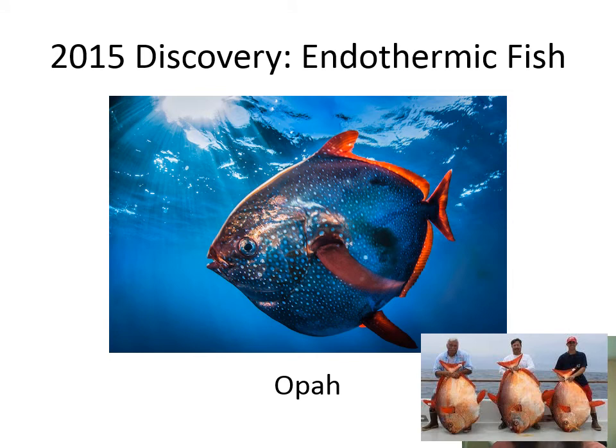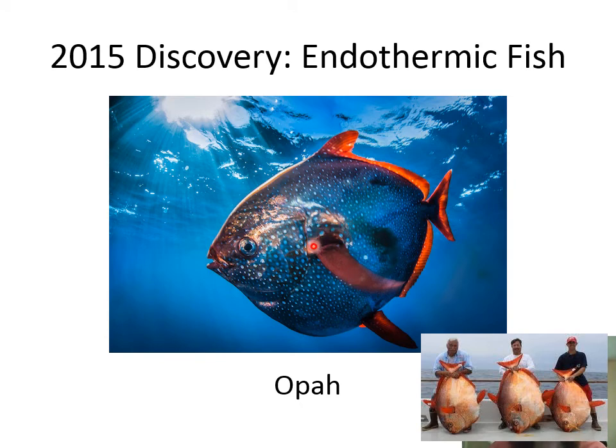And in 2015, we discovered this endothermic fish. Well, we didn't actually discover the fish. We've known about the opah. You can see down here, he gets quite big. He's also called the moonfish, and it's not that we didn't know about the fish, it's just we realized he's endothermic. So when it goes through the water, it flaps its little pectoral fins. You can think almost like a little bird flapping away, and that allows it to have this heat, right?